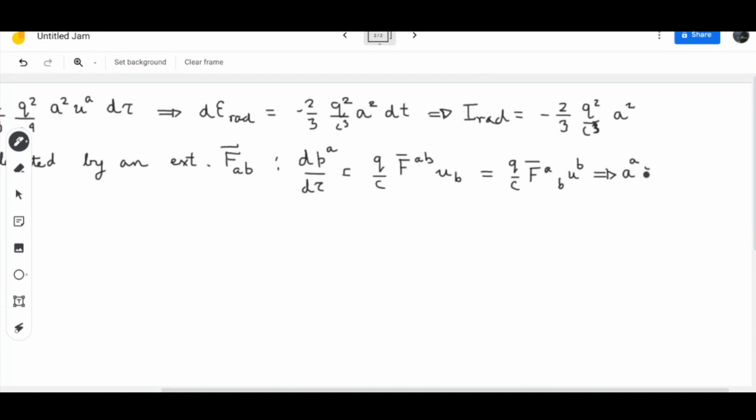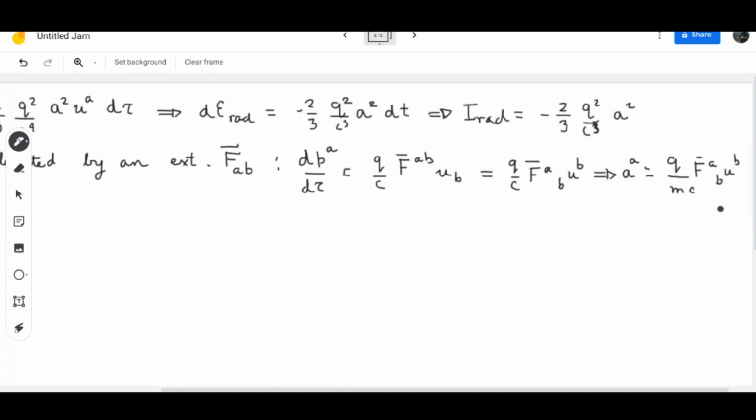And what is that? So dP^A/dτ is m times acceleration. m is the invariant mass. And so I get q by mc F bar ^A_B U^B.